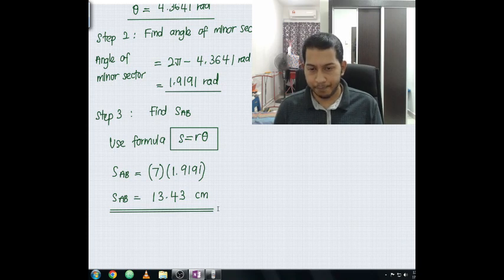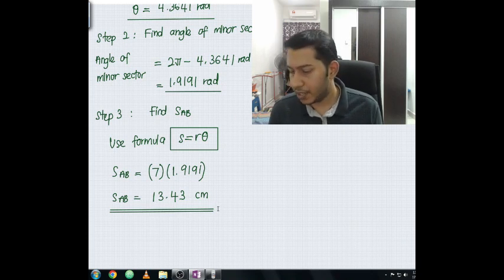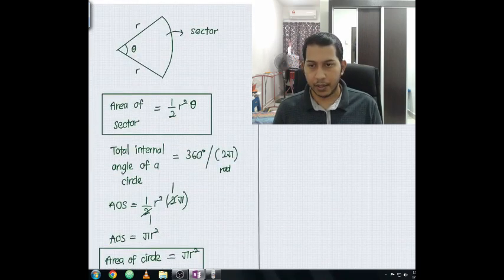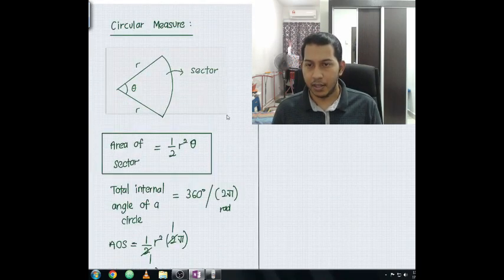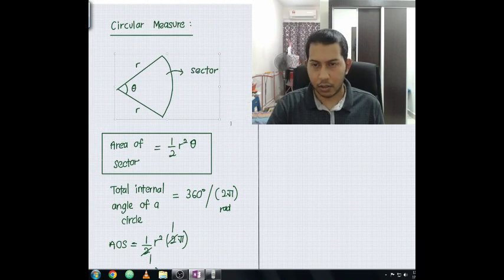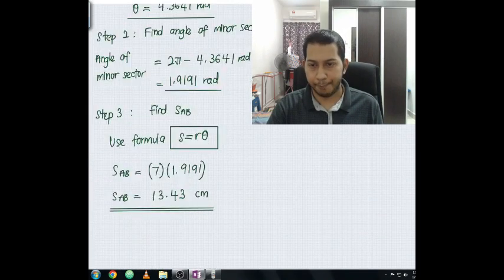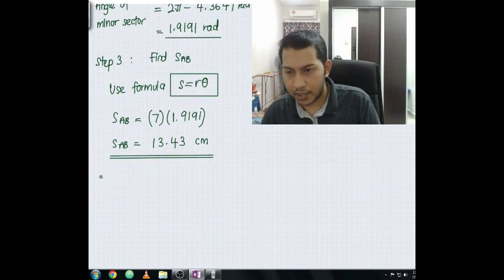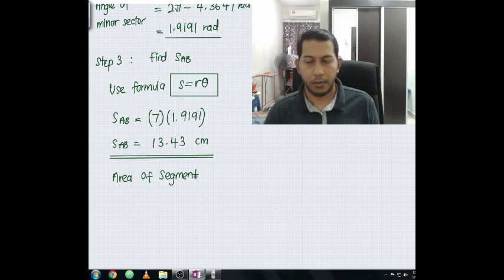Okay, we still have one more concept to cover, which is the area of segment. So from here, let me just copy paste this diagram. Okay, so from here, area of segment, so let me underline this.